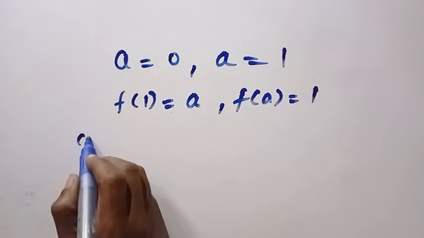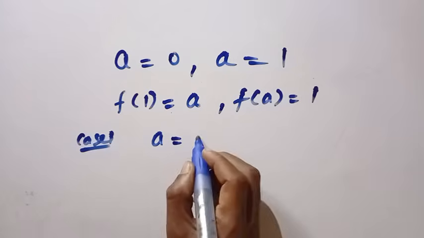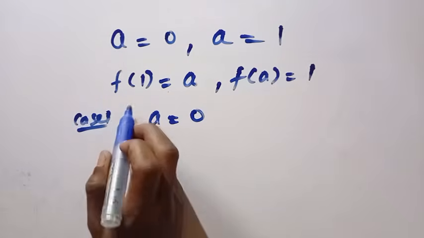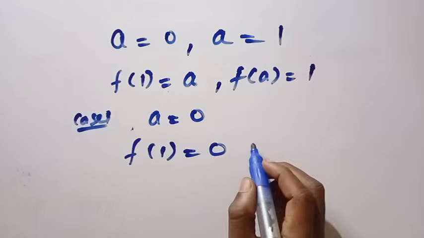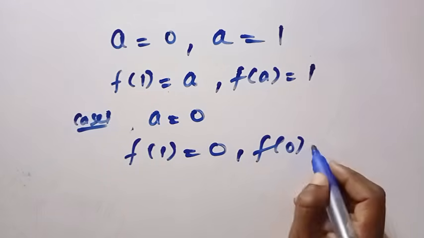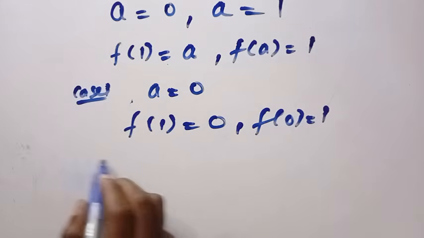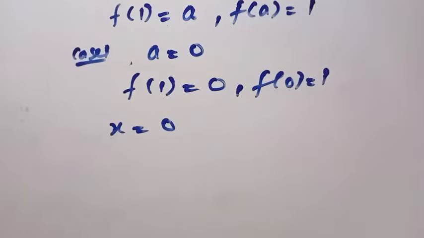So for the first case, let's say case 1, if a equals 0, then for this, f of 1 becomes 0 and f of 0 becomes 1. Now, suppose I let x be equal to 0 in the original equation.